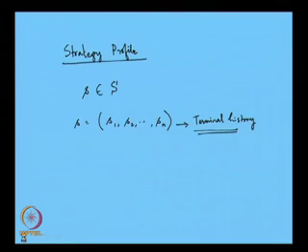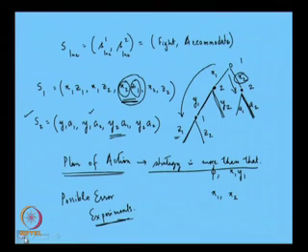How is this possible? Let us take a particular example. For example, let us take this game. Suppose for player 1, I choose this strategy, and suppose for player 2 I choose this strategy, any two arbitrary strategies.